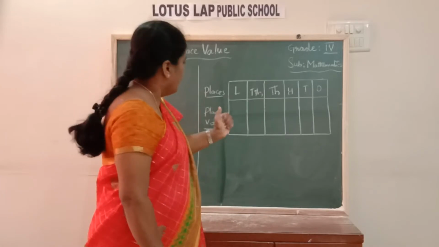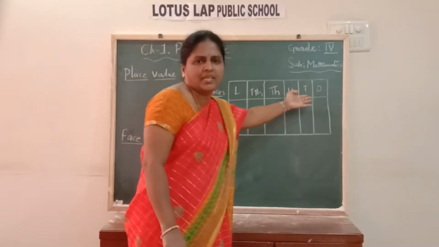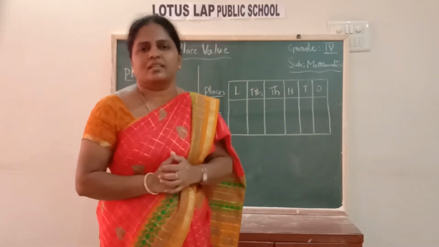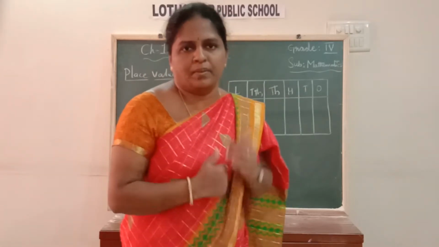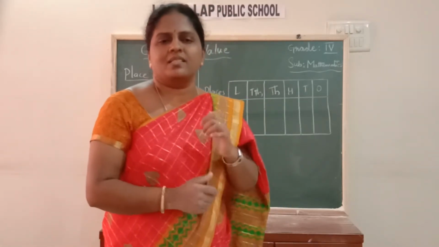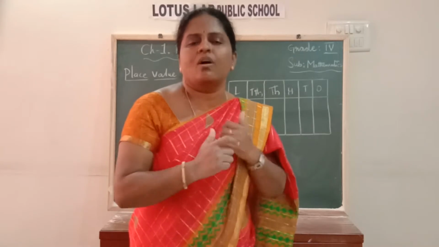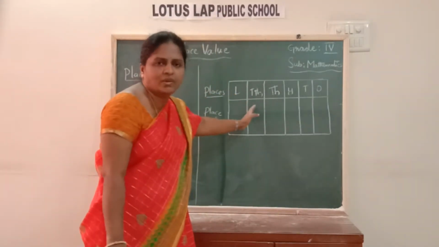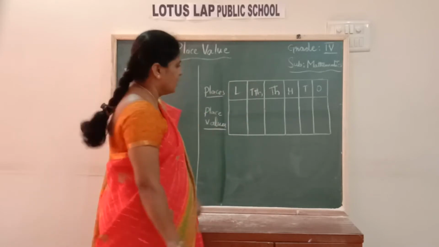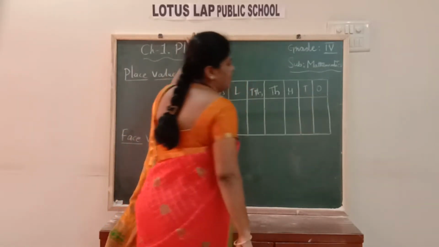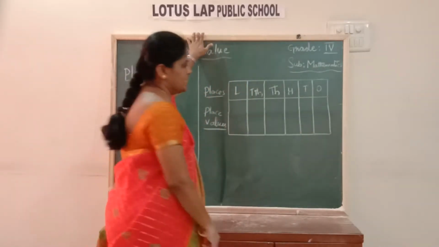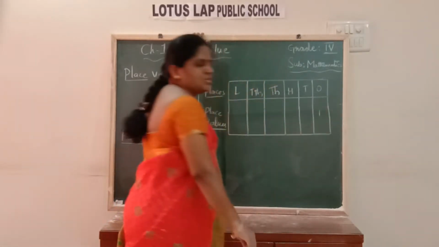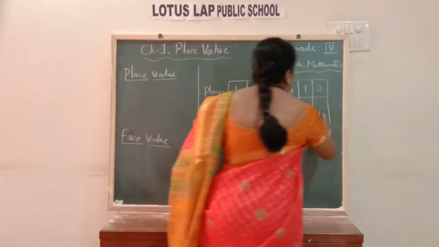Now each place in this place value chart has a certain value attached to it, children. Each place in the Indian place value system has its place value. So what are the values? Let me write the values for each place. Coming from the ones place, the place value for the ones place is 1. The place value for the tens place is 10.